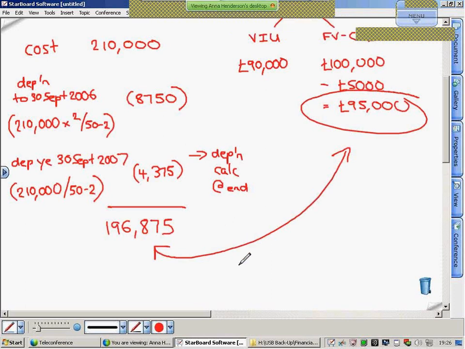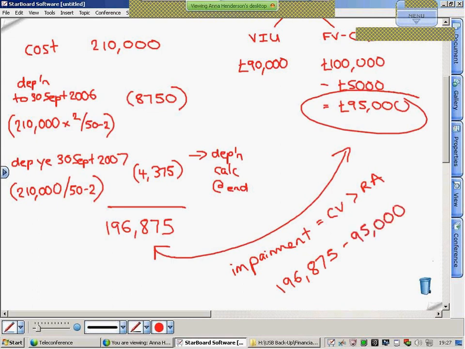Overall, the impairment that we're going to get here is because carrying value is greater than the recoverable amount. So 96,875, giving us an impairment of 101,875.